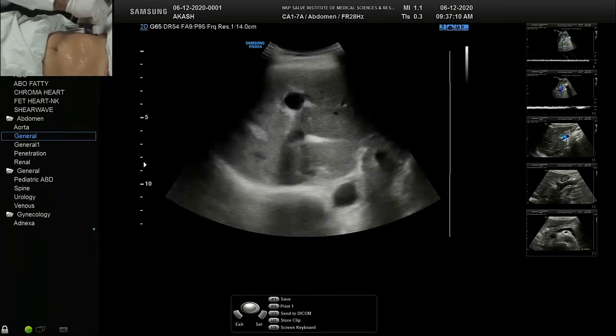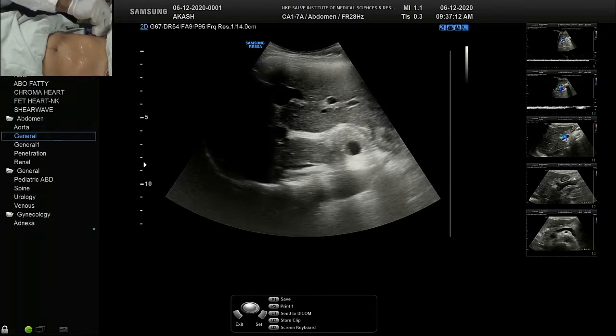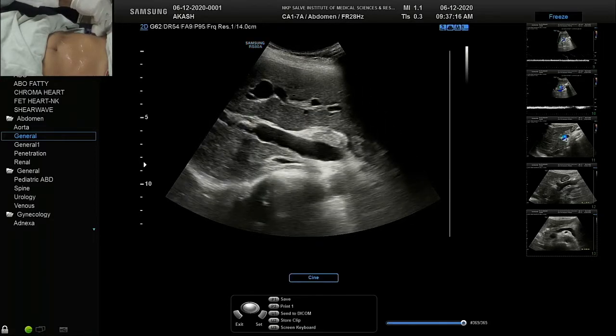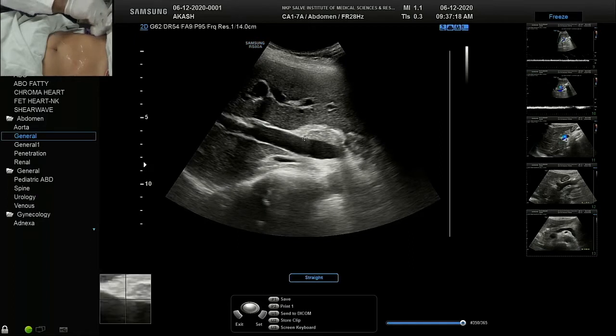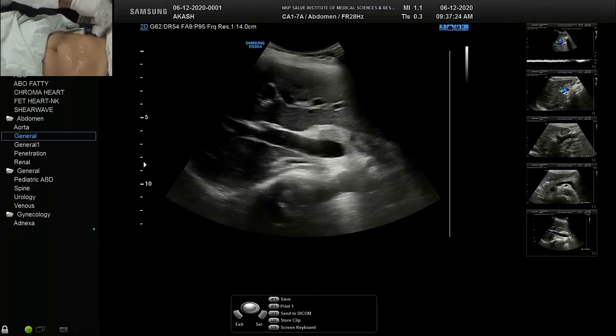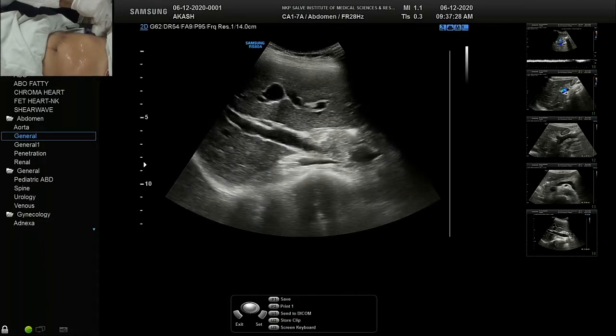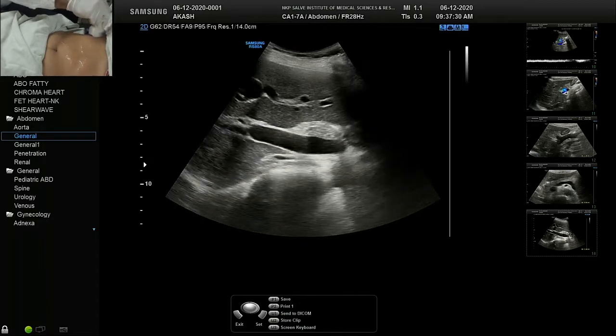Reduce the magnification. We'll measure the portal vein caliber. Upper limit 13.6 millimeters. You can see the hepatic artery.